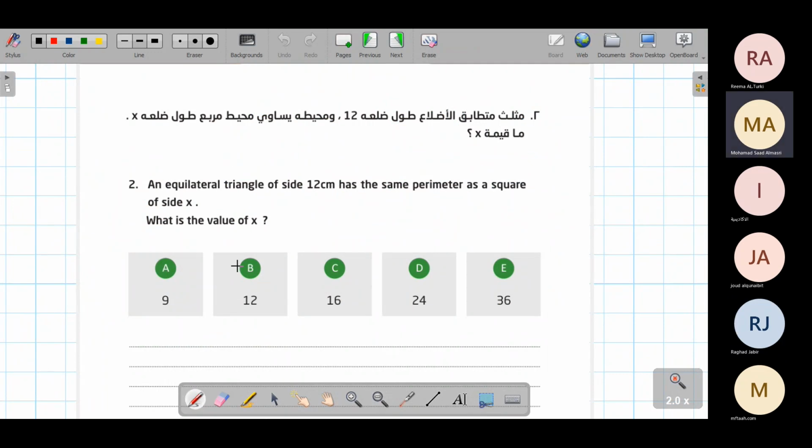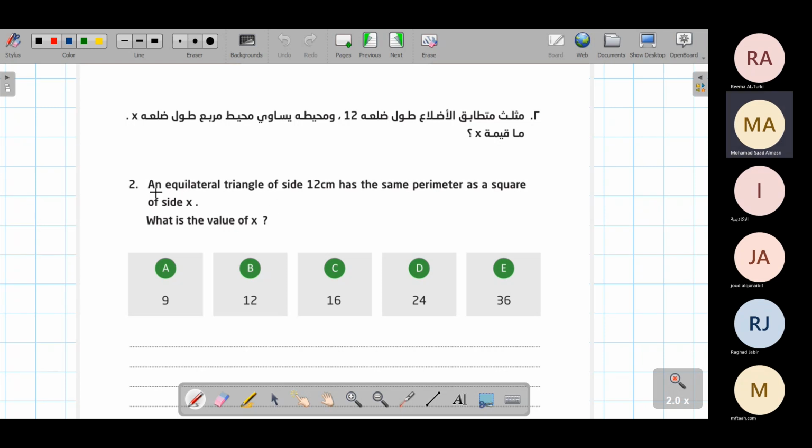An equilateral triangle of side 12 cm has the same perimeter as a square of side x. What's the value of x? So the given here is only two sentences: the given and the question. The question is, what is the value of x?